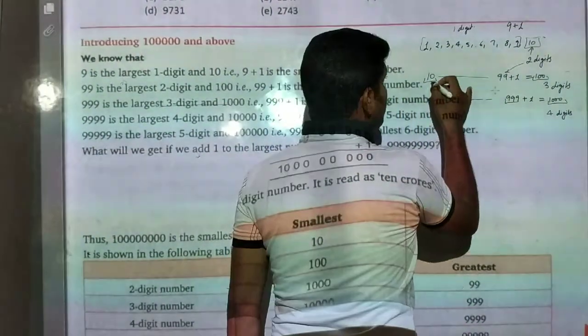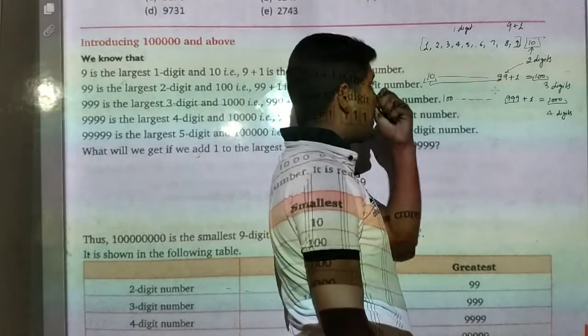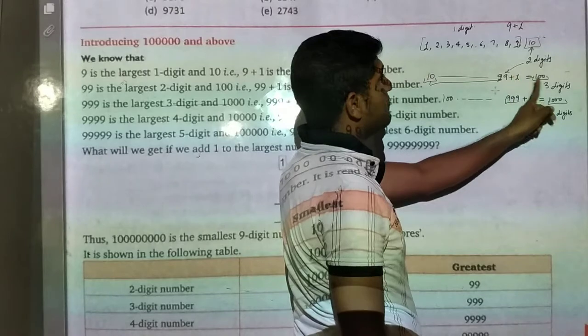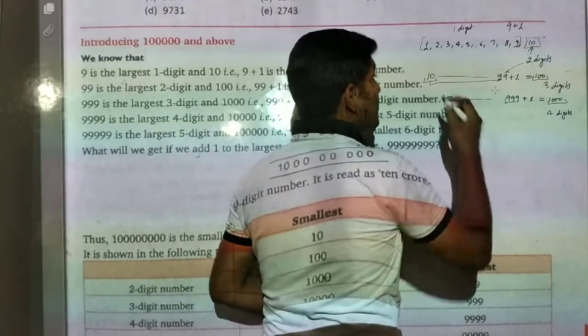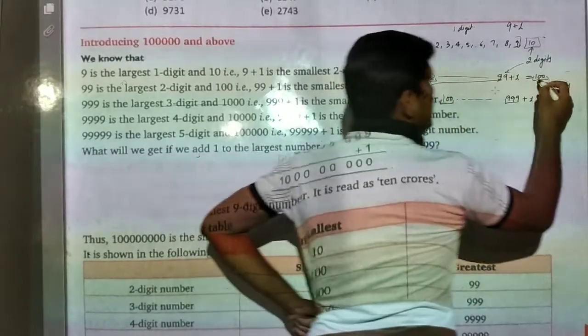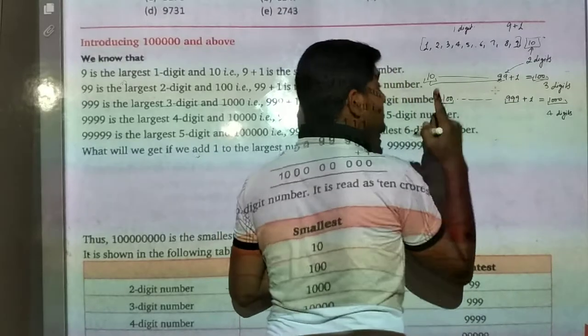Now when we go from the smallest 2-digit number to the greatest 2-digit number, that is 99, and we add 1 to this 99, we get 100, which is a 3-digit number. This is the smallest 3-digit number and 99 is the greatest 2-digit number.